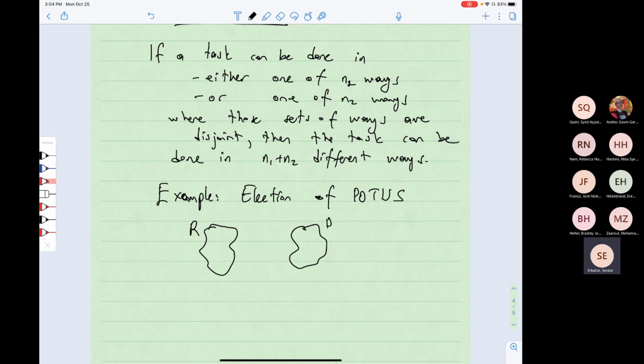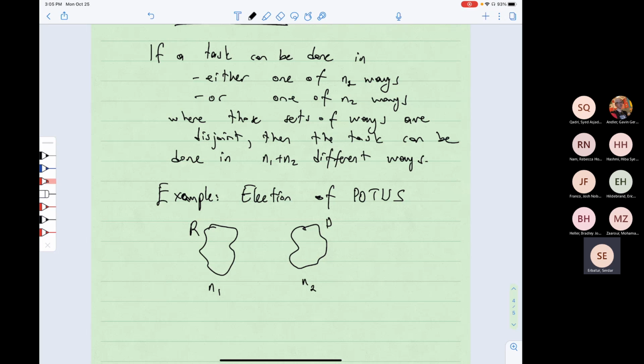So in the simplified world, there are two sets of candidates. At the beginning of the campaign, last time I think this set had 16 candidates, then slowly it went down to 1. And the other set had 1 or 2, but then it also went down to 1. So at the beginning, when all this drama starts, let's say the red set has n1 candidates, and the other set has n2 candidates, or candidates for candidacy.